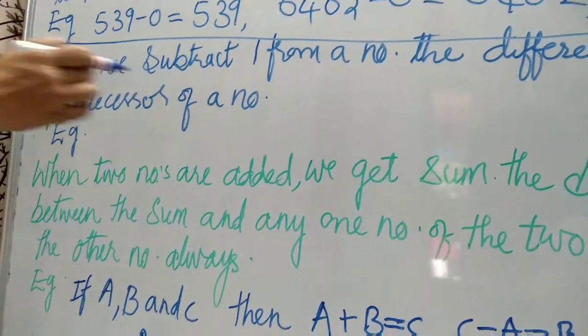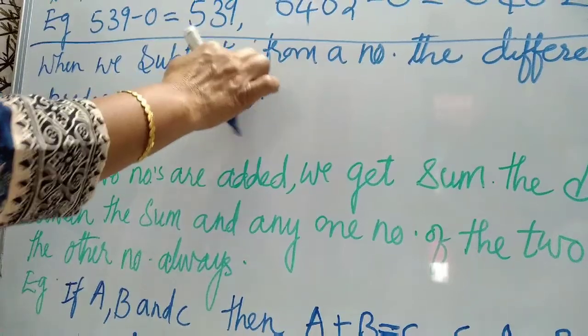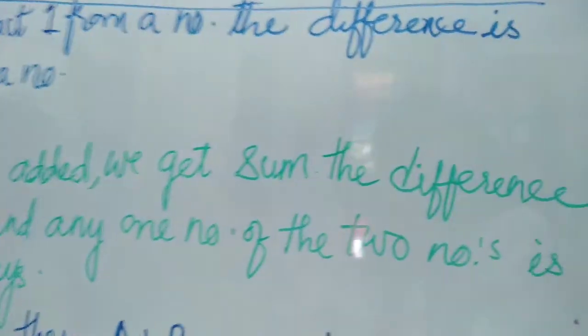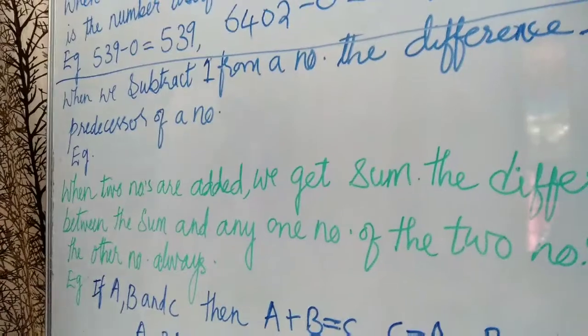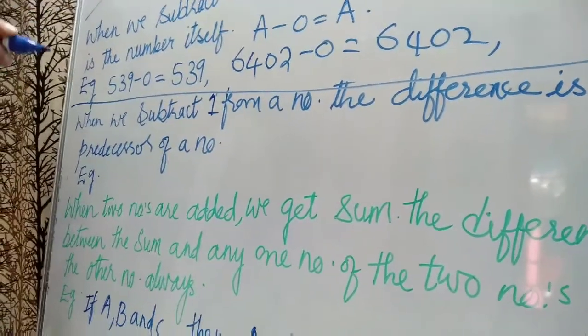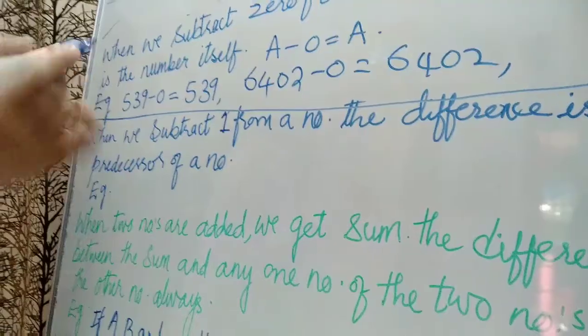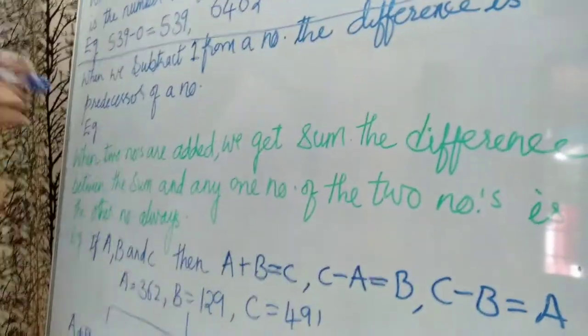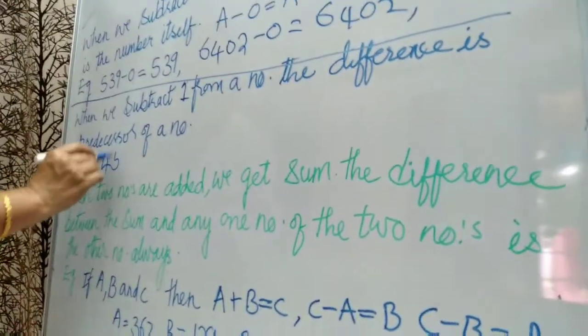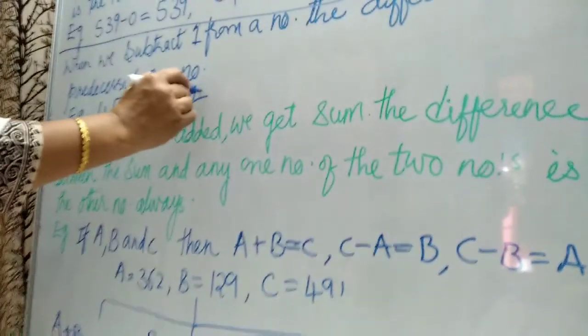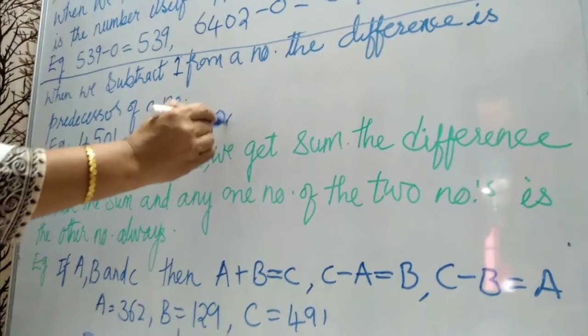Now next, when we subtract 1 from a number, the difference is the predecessor of the number. Like in addition, when we added 1 to a number, you got the successor. Like that only. Here the example is, you take 4,501 minus 1, you get 4,500.